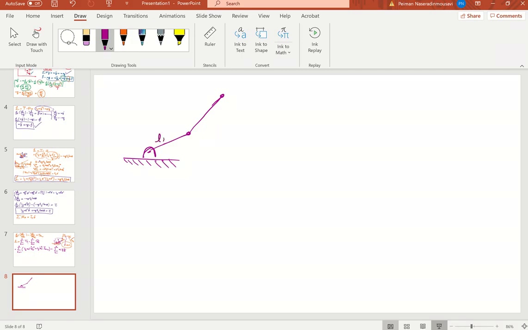So this is L1, L2, you have theta 1 and theta 2. This is O. This is a 2 degree of freedom planar robotic system. So your Lagrangian has these two components: the sum for k from 1 to 2 of Tk, because you have two links, 2 degrees of freedom, and the sum for k from 1 to 2 of Pk.